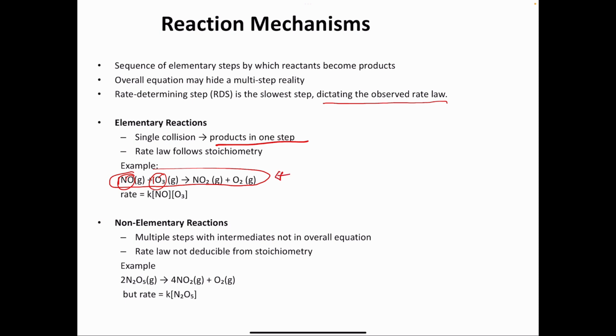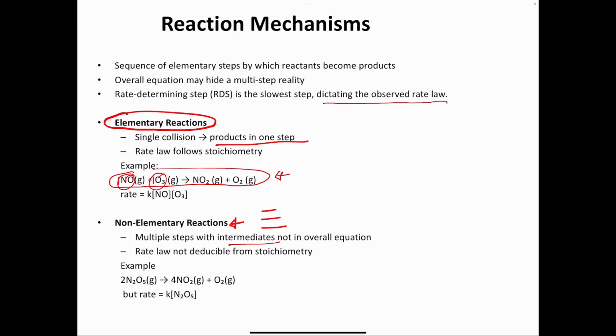Now, there are some reactions that are non-elementary, meaning they take place in multiple steps, not elementary like this one, which is a single step reaction. In these multiple step reactions, they have multiple elementary reactions. So in multiple steps, the intermediates are not in the overall reaction, like we're going to see here.